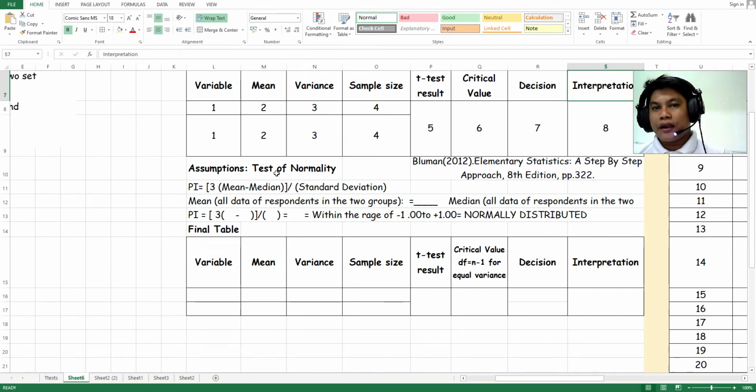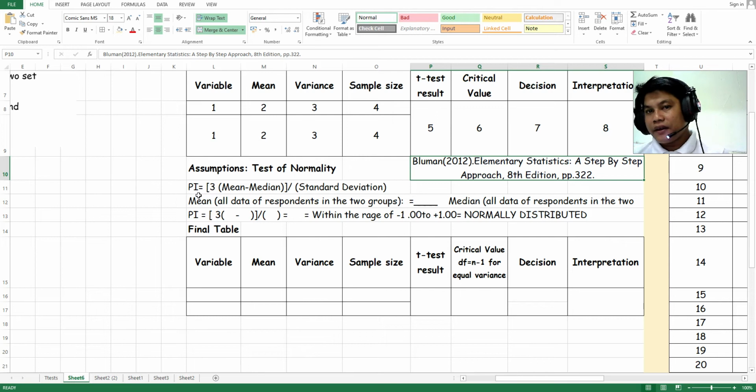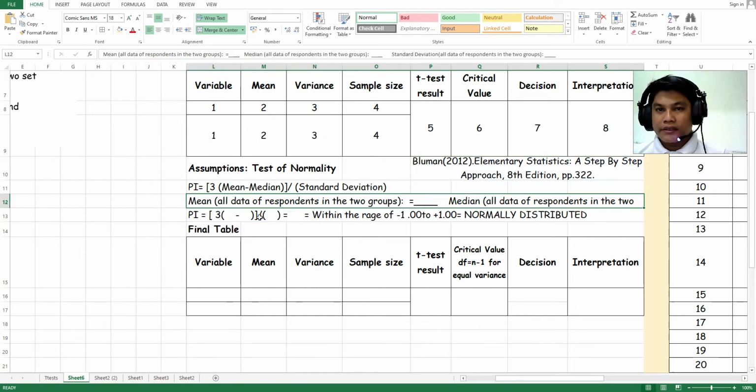Now, again, we are going to use the practice of testing the normality as reflected in the book of Blumen. The PI, or the Pearson index, which is 3 times the mean minus the median over the standard deviation. And then the mean refers to the mean of the difference.